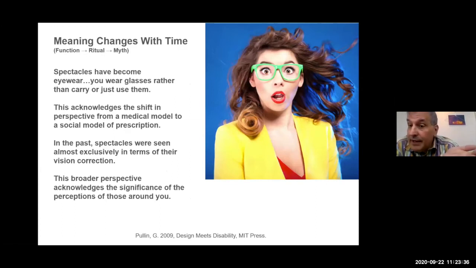A similar thing can be shown in the opposite direction with things like eyeglasses, lens wear, various things we wear every day along with our clothing. Meaning in the case of eyewear has changed from being functional through a ritualistic phase to being today very much myth. We know that in ancient times, such as Roman and Greek times, they had lenses, they had them in their pockets.